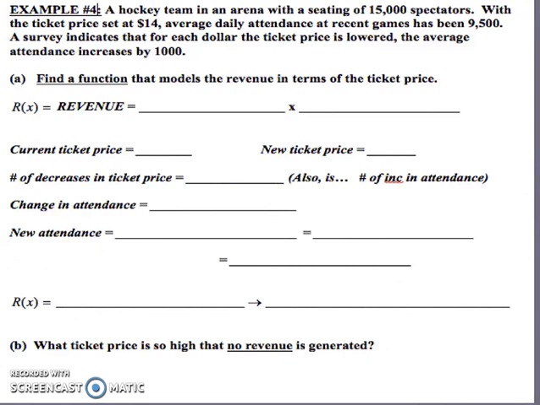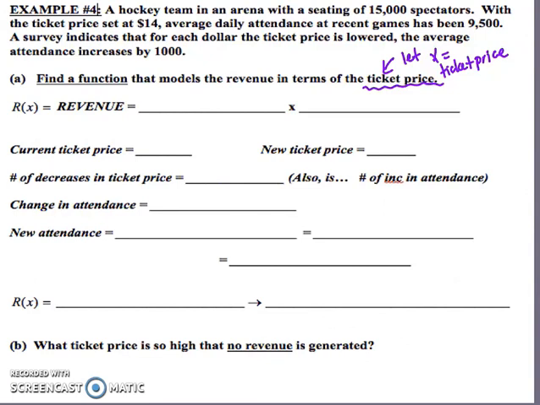Well, first of all, we need to think about what revenue means. In this case, we're going to let X represent the ticket price because that's what we're trying to figure out. So that's going to be our variable in this problem. X is going to represent the price of the hockey tickets.